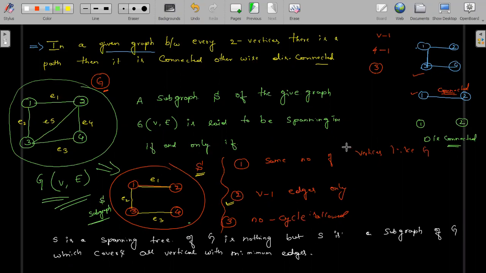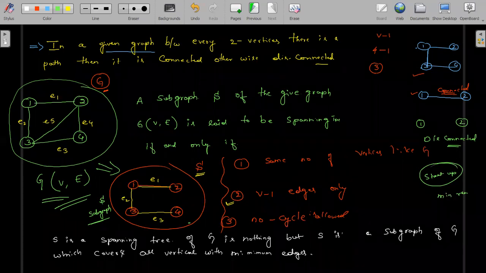For example, I will give you a small example. Take a startup. They will have only minimum resources, so they can do the business, but not efficiently.